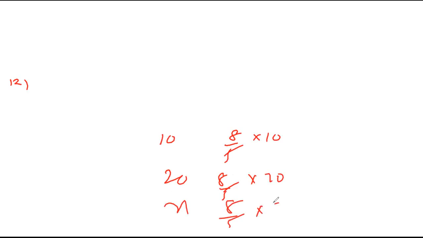I'm just reading. A sum of money becomes 8 by 5 times of itself. That means if it is 10, then it will become 8 by 5 of 10. If it is 20, then 8 by 5 of 20. If it is X, then 8 by 5 times of X. Becomes means what? Amount, no? Yes, sir.